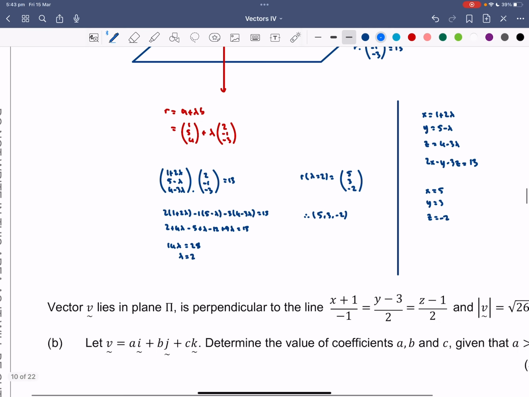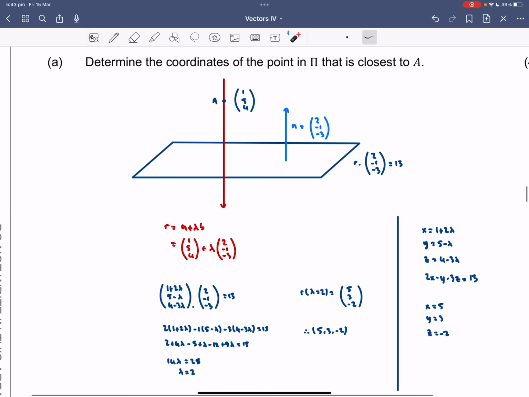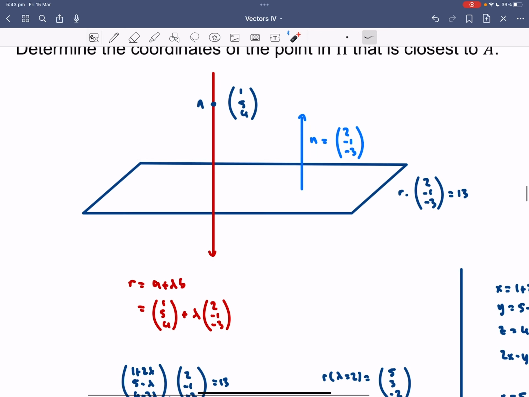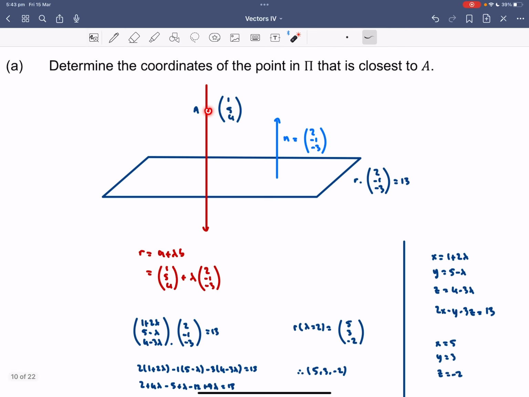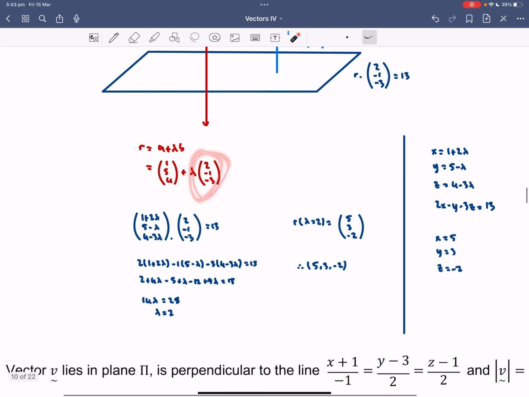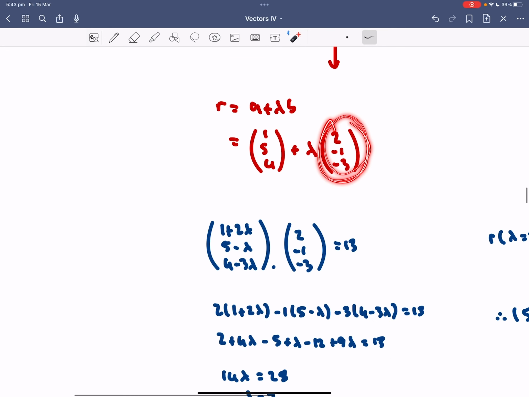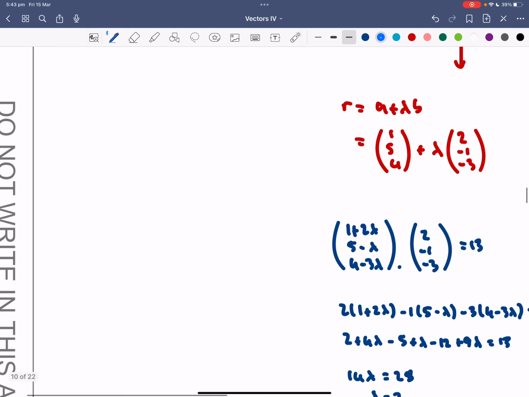All right, now you could use this technique to find the minimum distance. Having said that, this is a bit lengthy, but how many lambdas? Your line started here. How many lambdas did you have to move before you hit the plane? You had to move 2 lambdas. And how big is the lambda? So I'm just going to find out on the side, even though it's not asking it, what the minimum distance is.